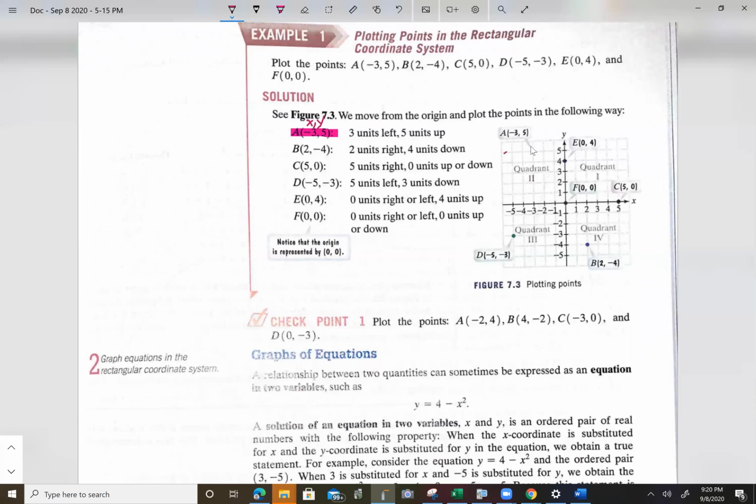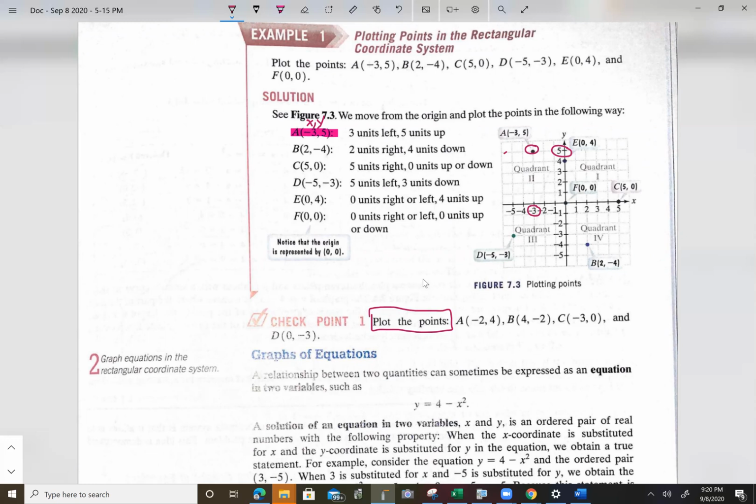So A corresponds to A over here because it's -3 for the X and +5 for the Y. So go through that example problem and then try the checkpoint, please. Just make sure you could find all of those points on a graph.